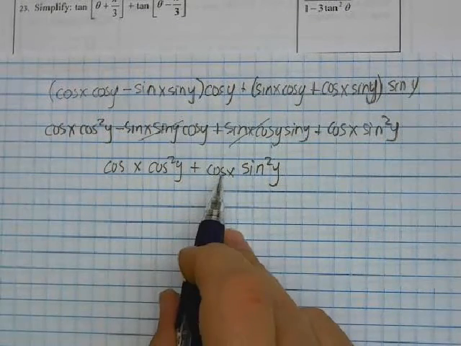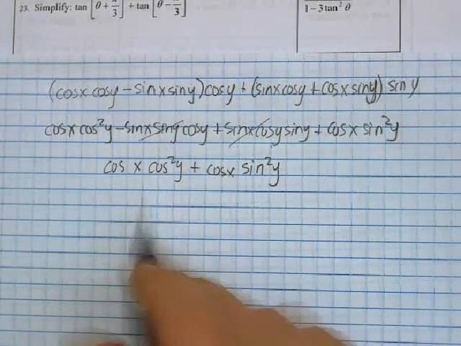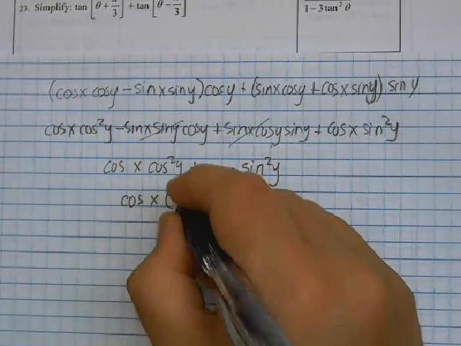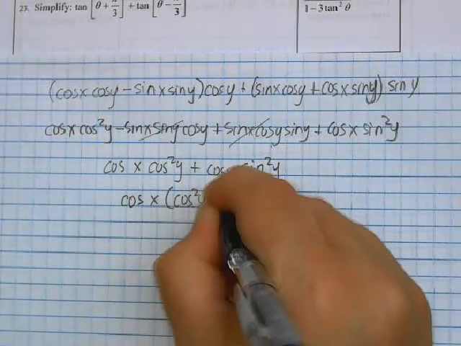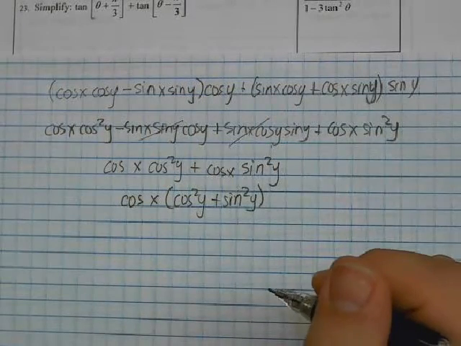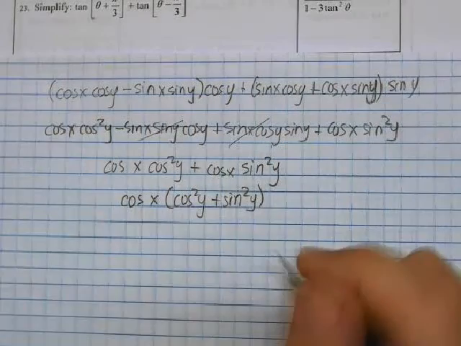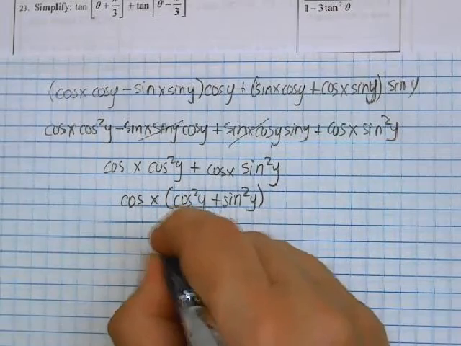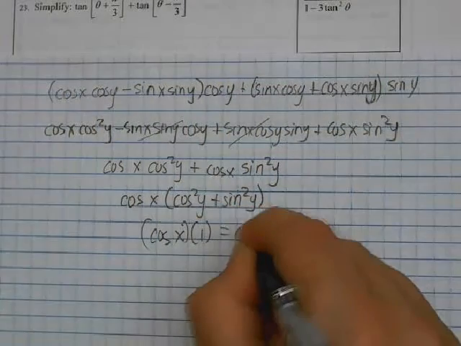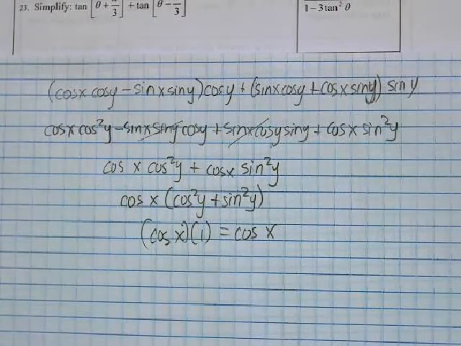So both these terms have a cosine x. That means I can factor out cosine x. And what I have left is cosine squared y plus sine squared y. Now, sine squared plus cosine squared is 1. So cosine x times 1 is simply cosine x.